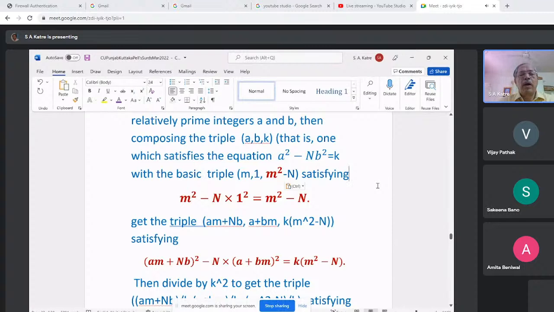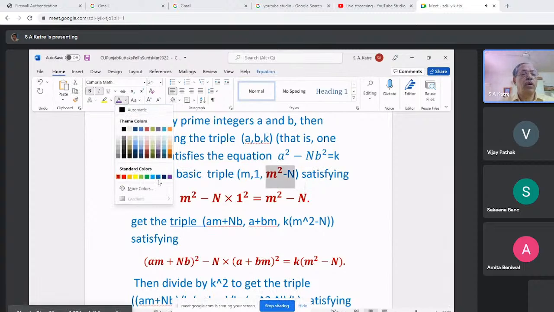You see that this is always a solution because we have just calculated, a equal to m, we put m square minus n times 1 square. So k has to be m square minus n. That's what we have done here.